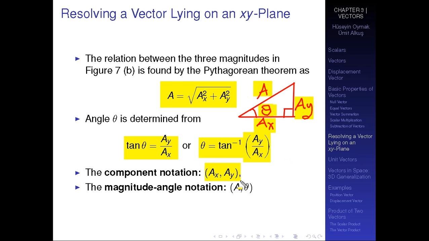Pairs AX, AY and A, theta both convey the same information about vector A. We refer to this notation as the component notation and this notation as the magnitude angle notation.